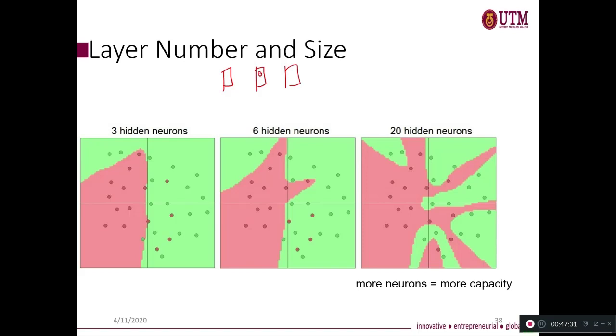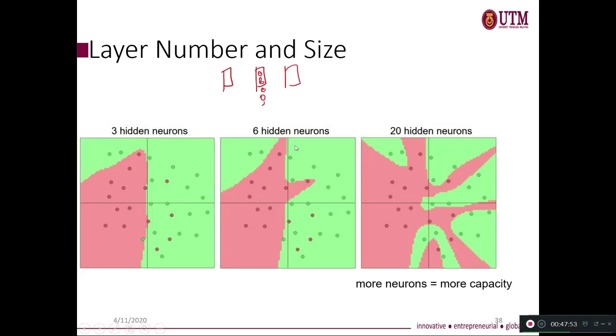The first one is 3, this one is 6, meaning there are 6 there: 1 2 3 4 5 6. This one is 20, meaning there are 20 neurons inside this hidden layer. So by increasing the number of neurons inside the hidden layer, this happens.